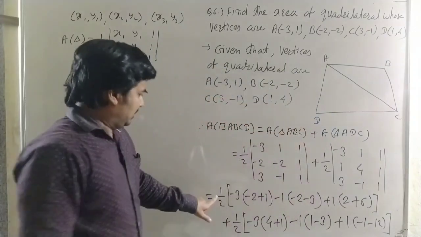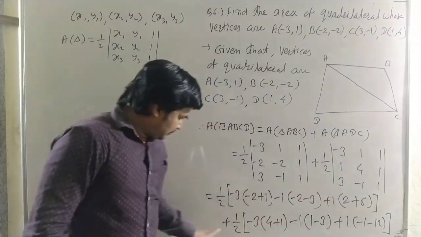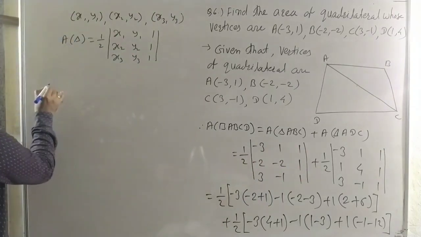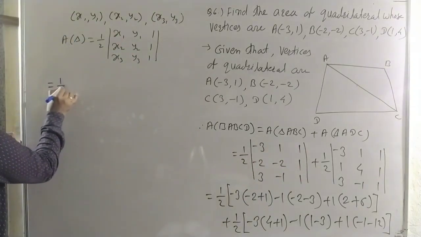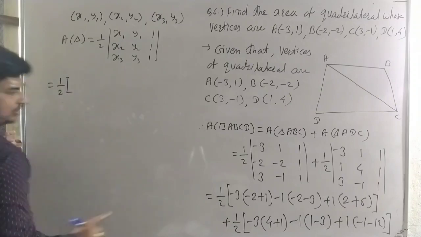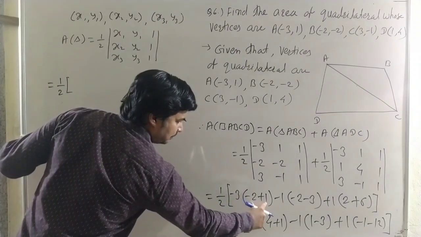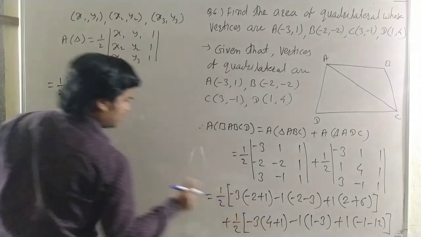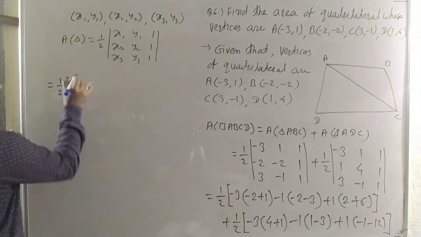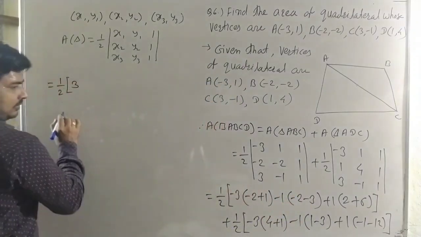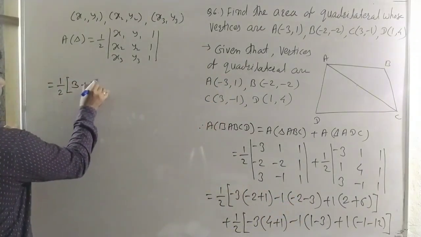Now it is the area of triangle ABC and the area of triangle ADC. Now calculate this. 1/2 into, see carefully, -1 -2 plus 1 is minus 1. Minus 1 into minus 3 is plus 3. Then it is minus 5. Minus 5 into minus 1 is plus 5.